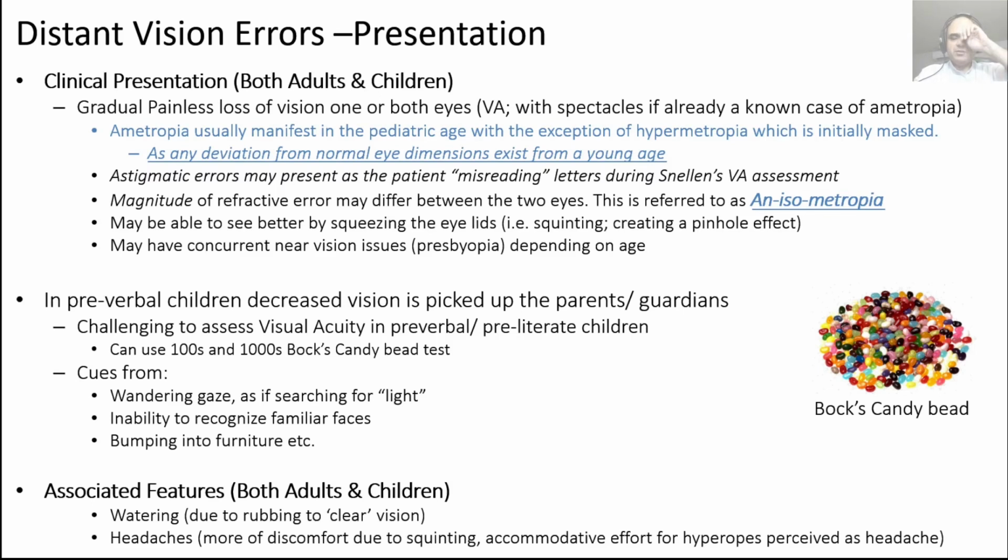Other features that are associated with the refractive error are watering. That's simply because you're rubbing the eye because you want to get a clear vision, which causes reflex watering, and headaches. Of all the refractive errors that we have talked about, presbyopia and ametropia, distant refractive errors, we haven't ever talked about the role of the trigeminal nerve, which is actually the nerve that is responsible for carrying the sensation of headache. So where is this headache coming from? There is no headache with refractive errors.